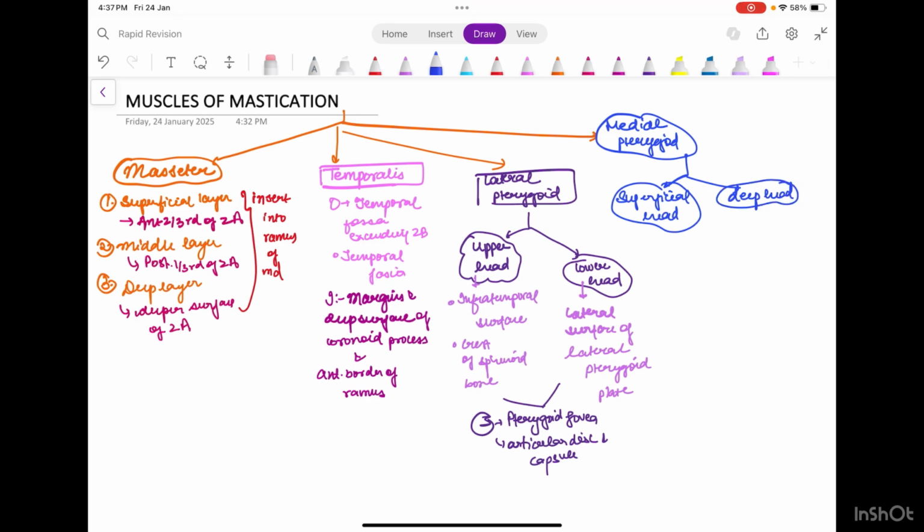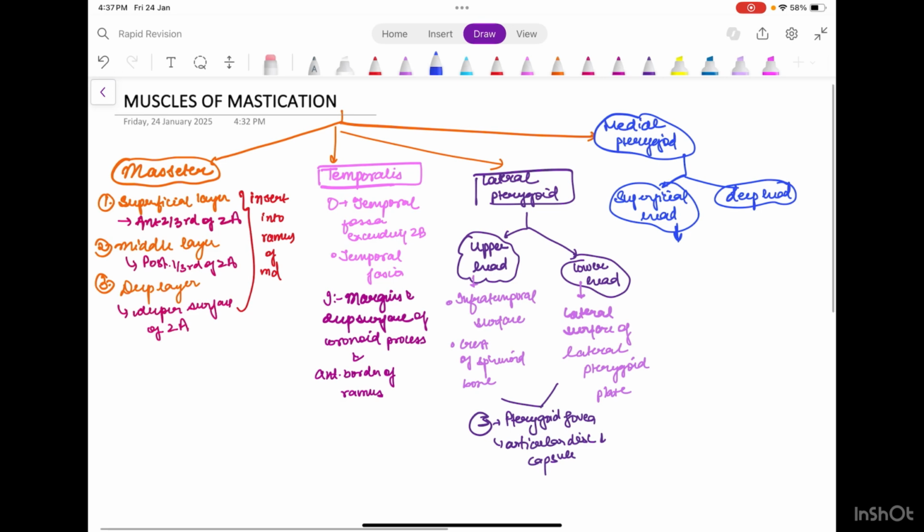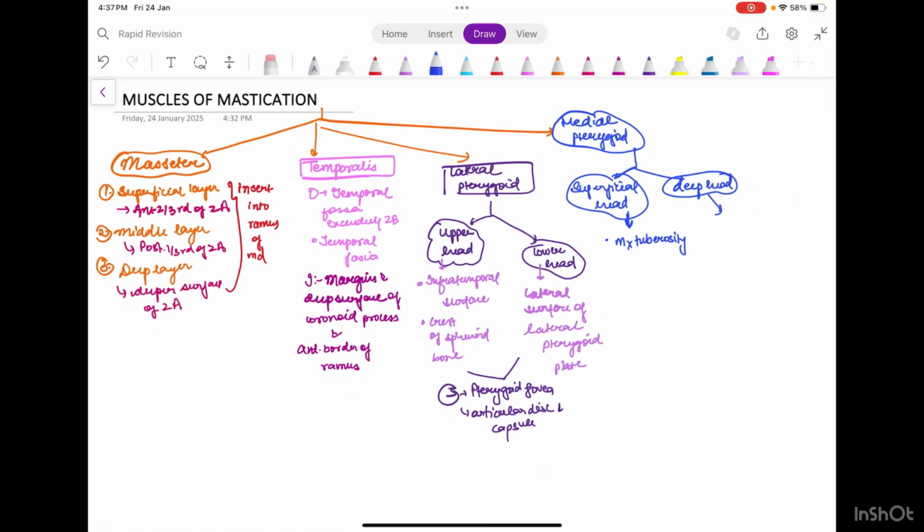Now in superficial head, you should know that it is first of all small, then from the maxillary tuberosity is the origin, and deep head, now it is similar to the lower head. Just remember, it is from the medial surface of lateral pterygoid plate.